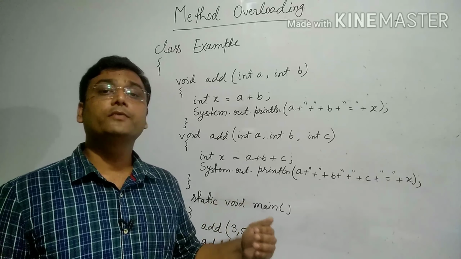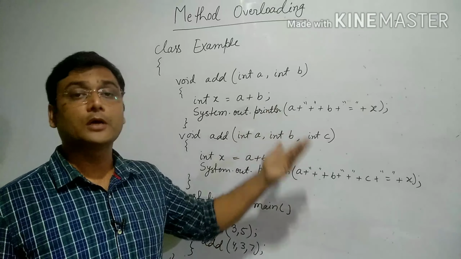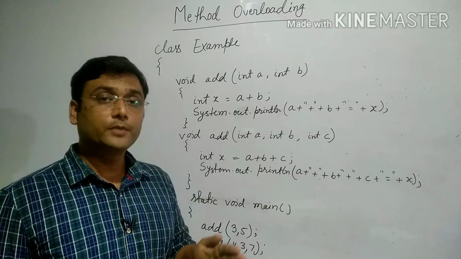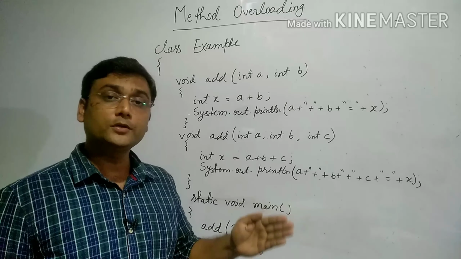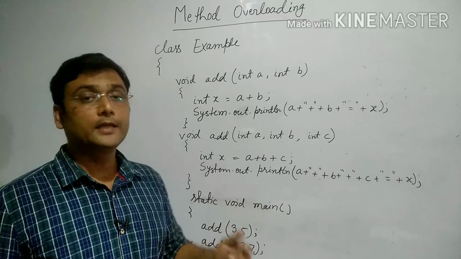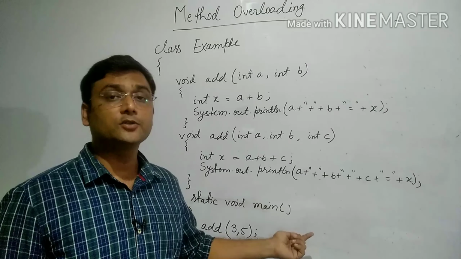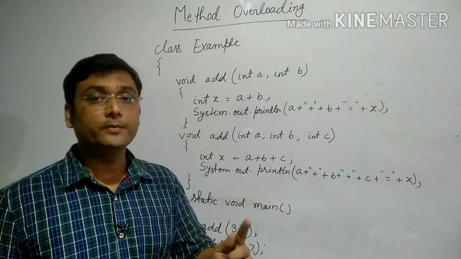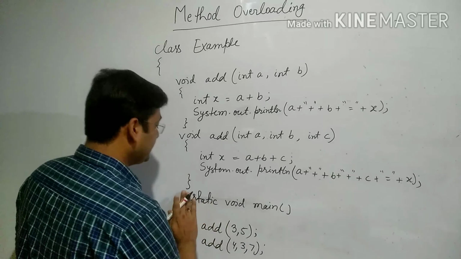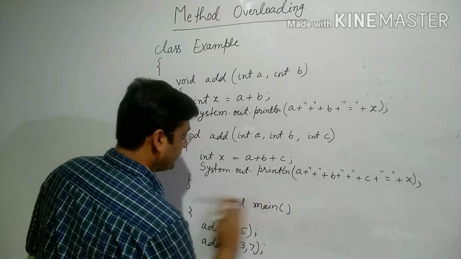But whenever we execute this program from the command prompt, it will create a problem, because if we want to call the main method from the command prompt, there is a fixed syntax: public static void main string args. So at that time we will write it like public static void main.